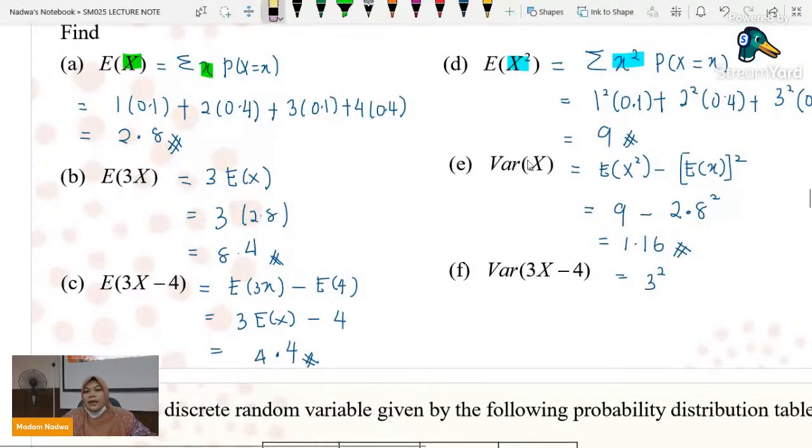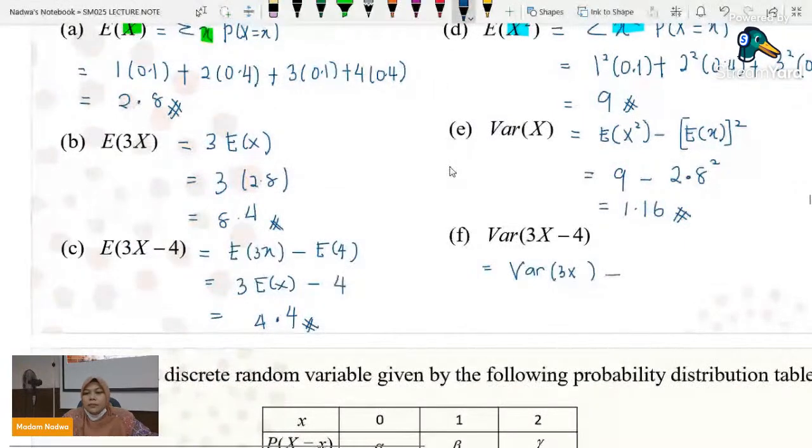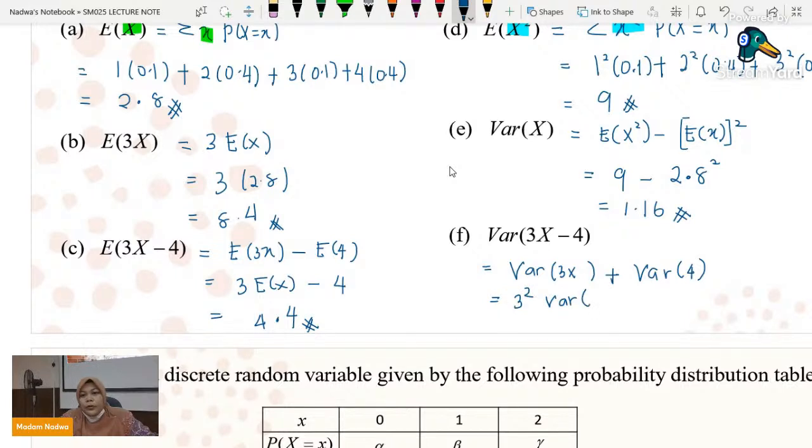So Var(3X minus 4), kenapa saya tulis step by step, adalah Var(3X). Okay, dia tak ada plus, dia tak ada minus. Okay, dia sentiasa plus sahaja bila kita buat variance 4 macam tu. Okay, kita buat properties dia. Var(3X), sekali lagi saya tanya, Var(3X) is equals to 3 squared Var(X) ataupun 9 Var(X). Var(4) is equals to 0.